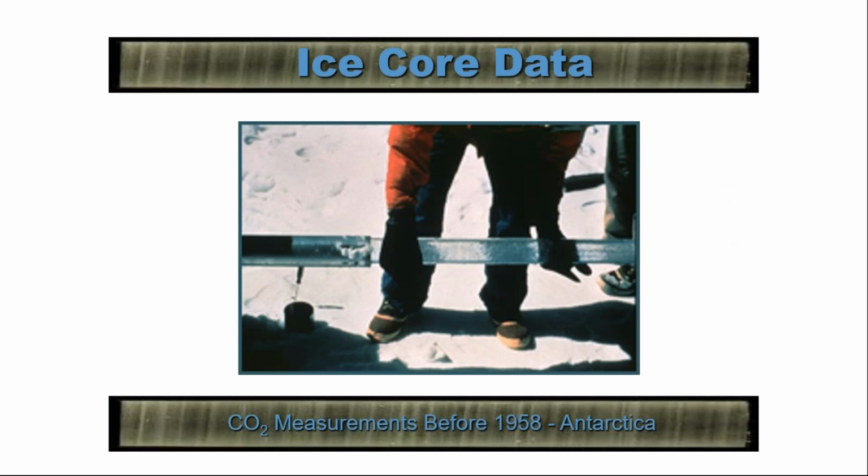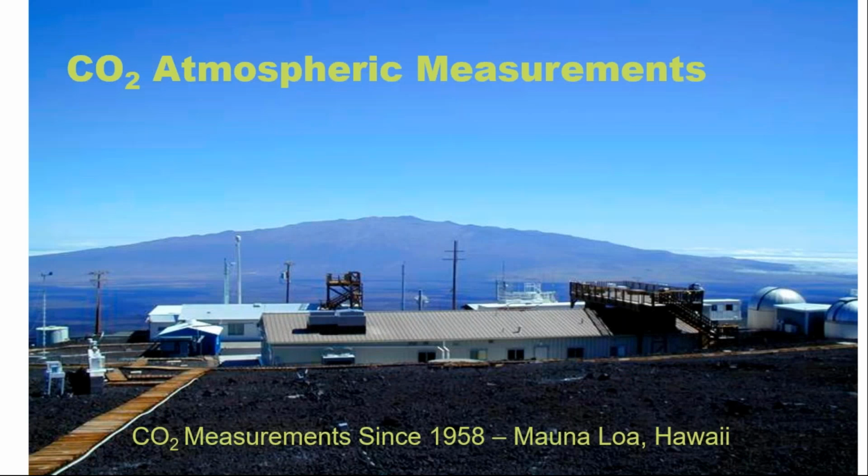So how to check or measure this global temperature change or CO2? For CO2 measurement before 1958, in Antarctica, ice core data is the main reference for understanding how much CO2 has changed.